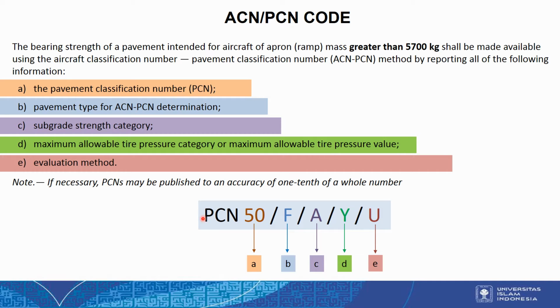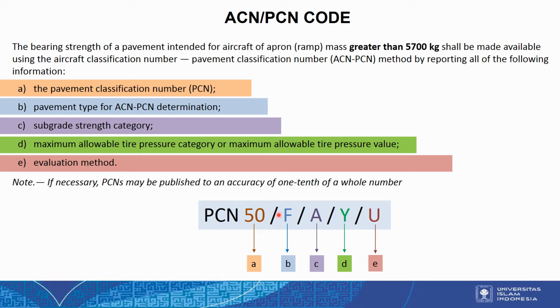So for example, we have PCN 50/F/A/Y/U. So 50 stands for the pavement classification number, or PCN.